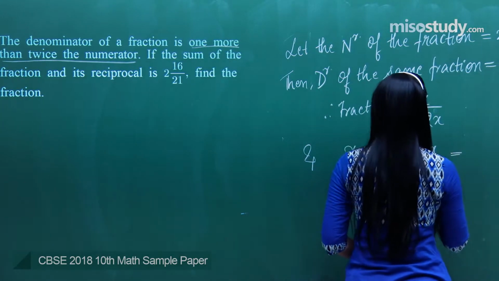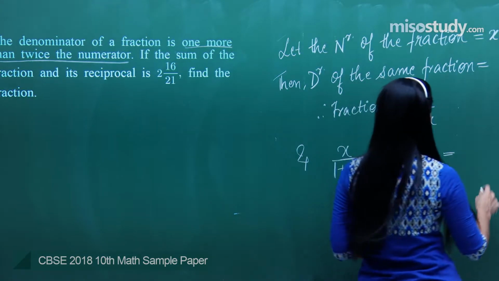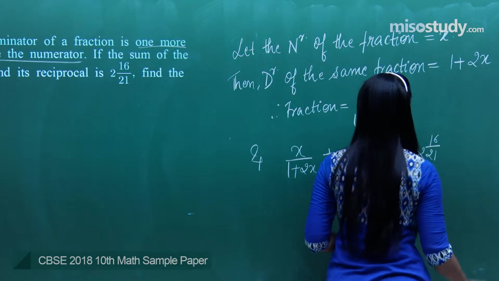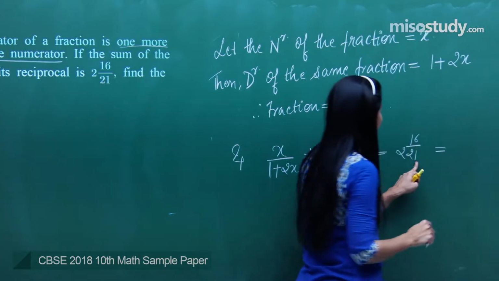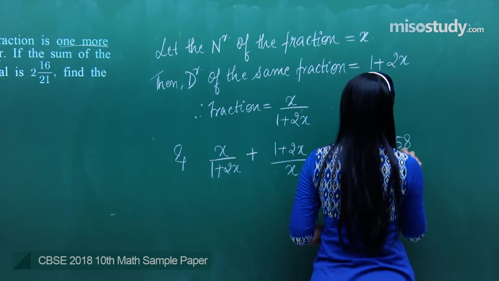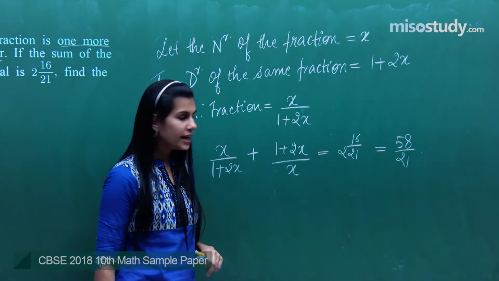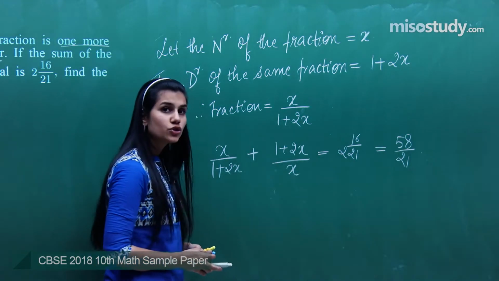Suppose this is equal to 2 times 16 upon 21. And this is going to eventually give you 21 into 2 plus 16, which is going to give you 58 upon 21. Okay? Once you have accomplished this, what do you think next we should do?